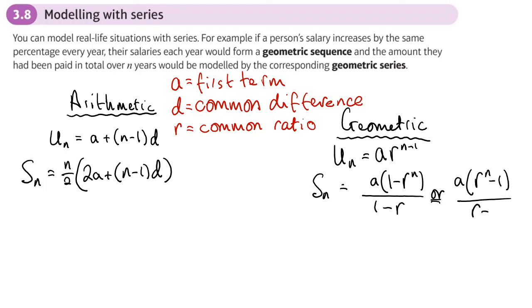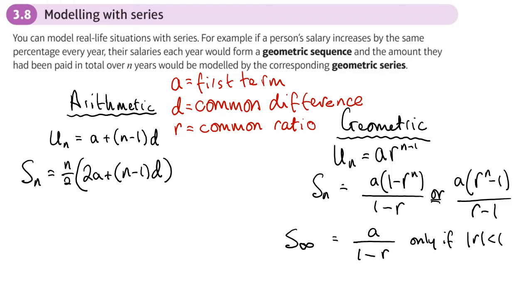It doesn't matter which way around you use it. And the sum to infinity will be a over 1 minus r. And remember, this only exists if the modulus of r is less than 1.